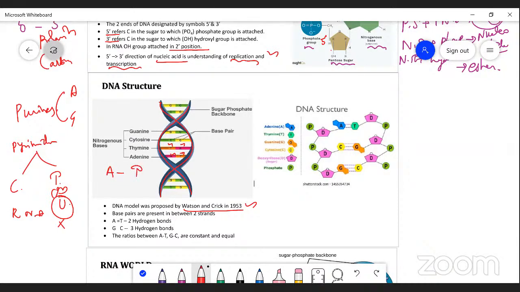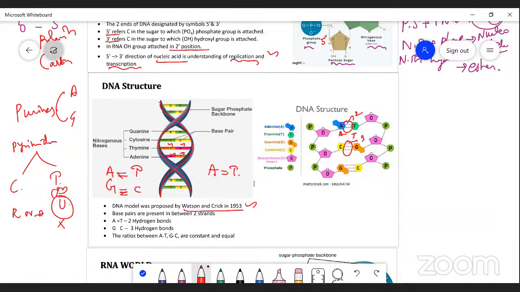There is a bond between adenine and thymine: adenine and thymine are attached by two hydrogen bonds. Do you understand?